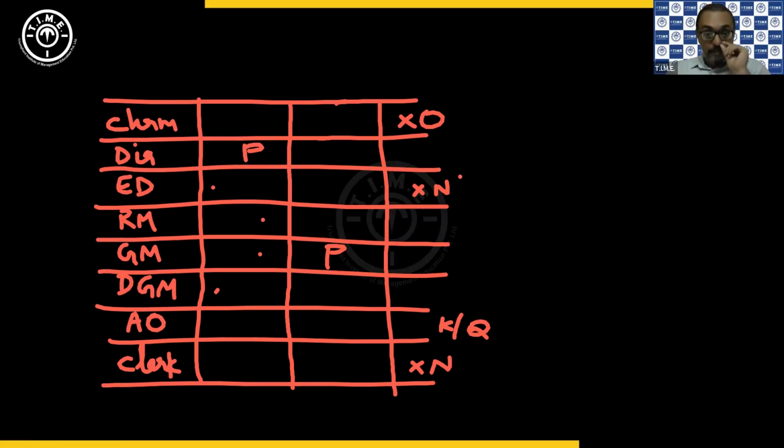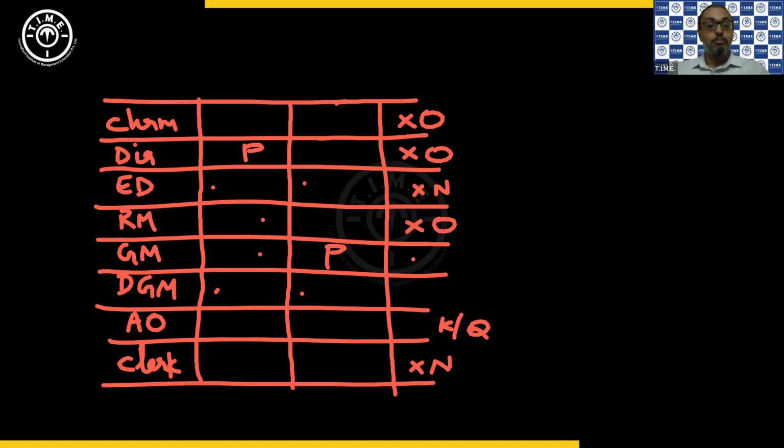Now in the second case, you cannot have O as director also. Why? Because AO, look at AO, it is either K or Q. N cannot happen there. Now, in this case, if I take O as ED, then I will have N as DGM, and I can rule out O as RM because you have P given as GM.